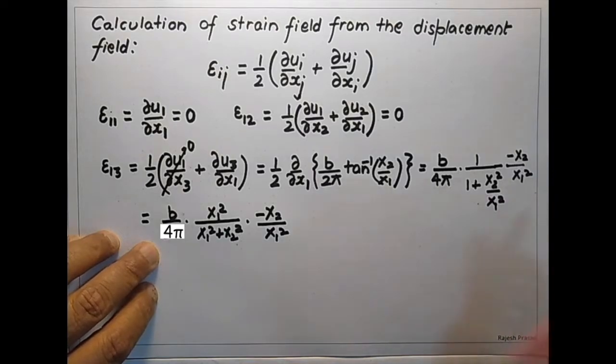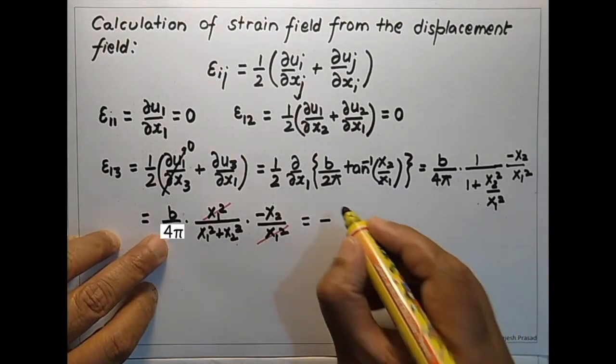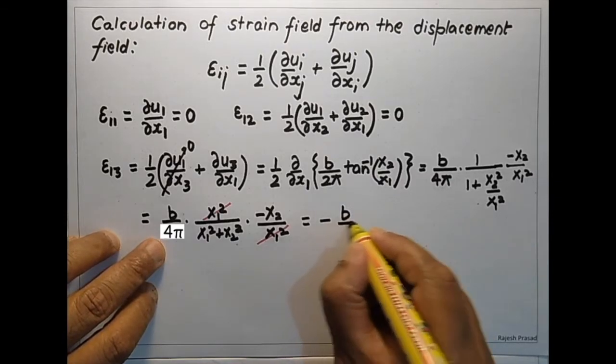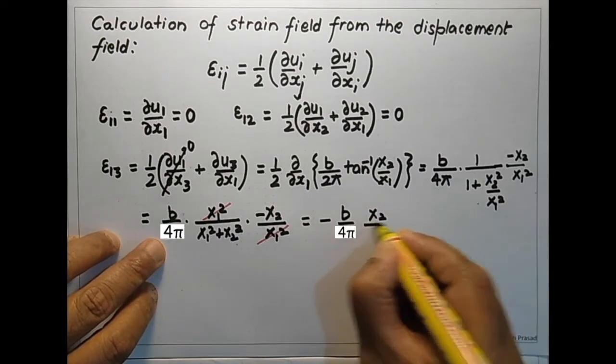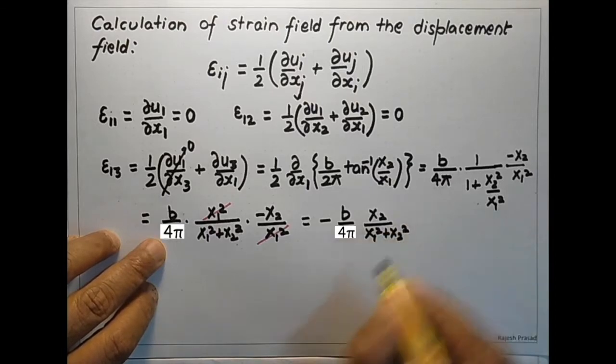This gets cancelled. So we get minus b by 2 pi, x2 by x1 square plus x2 square.